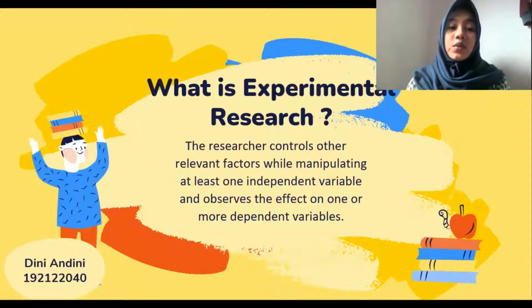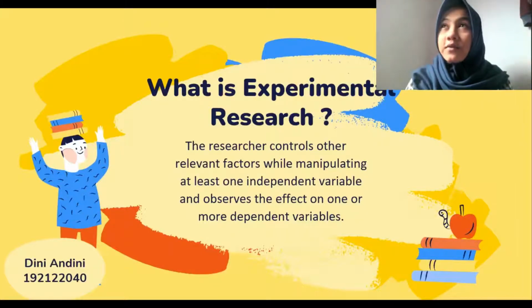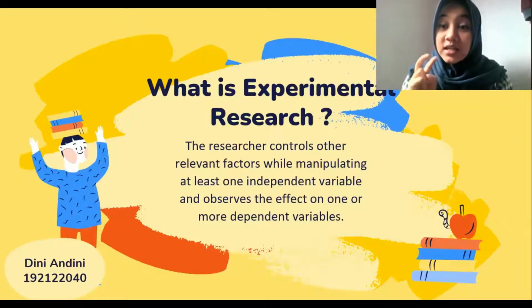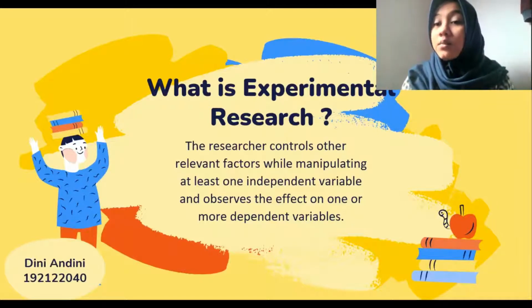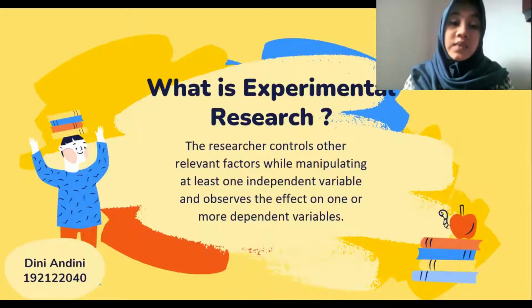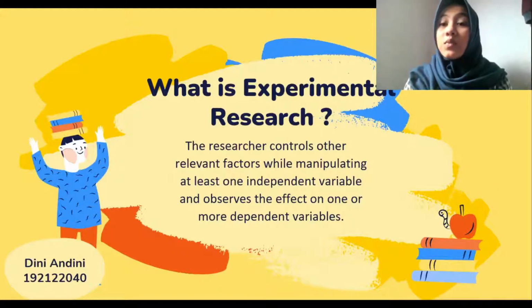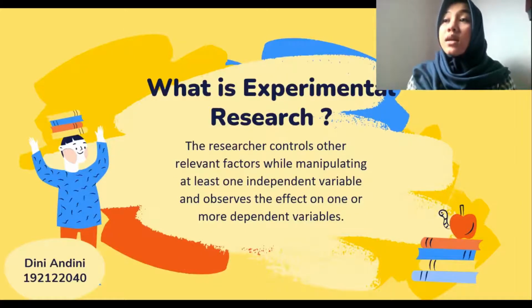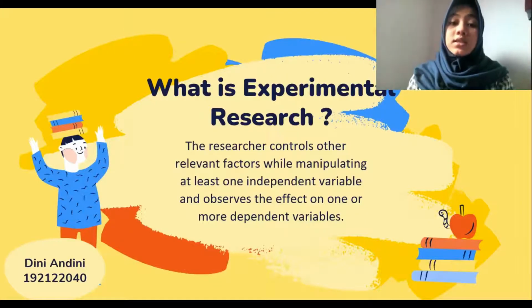For example, if you want to make an experimental research titled, for example, the effect of the grammar translation method on students' writing skills. One thing that we need to highlight is that the independent variable of that research is the grammar translation method, because as we know, the grammar translation method affects the students' writing skills.